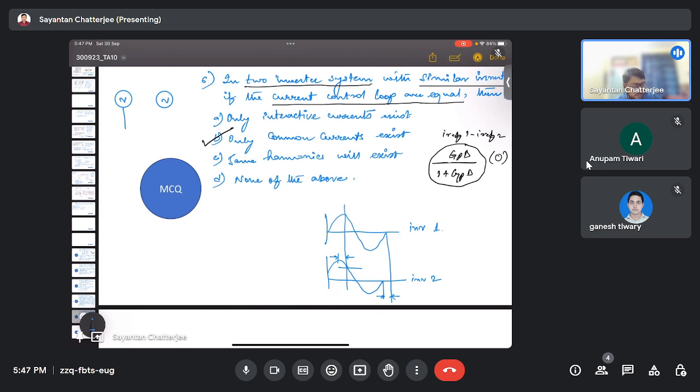If both of them are operating at 50 hertz, but suppose this is 50.1 hertz and this is 50.05 hertz, so there is a phase displacement, there is a change in frequency. Due to this change in frequency, a circulating current will flow from one generator to the other generator, though that would be a very minimum value. The same phenomenon is here. This is the interactive current that flows from one inverter to another, or, as you have also stated, the current that flows within the system. You can consider the same case.